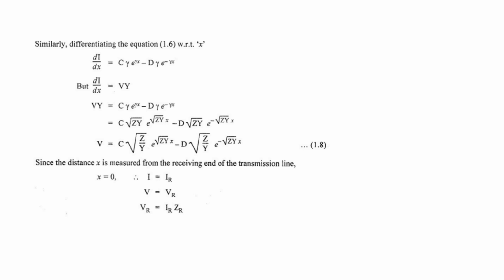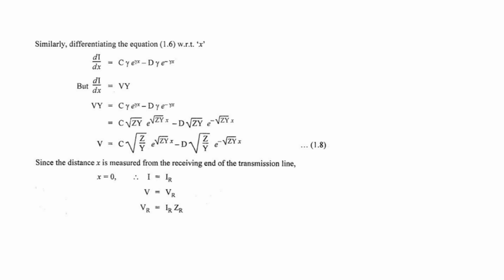And the distance x is measured from the receiving end of the transmission line. We consider the receiving end at x equal to 0. So at the receiving end, the current I is written as the receiving end current IR, and the voltage V is written as the receiving end voltage VR.